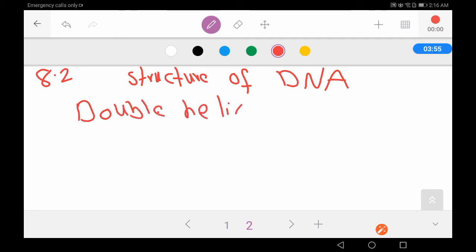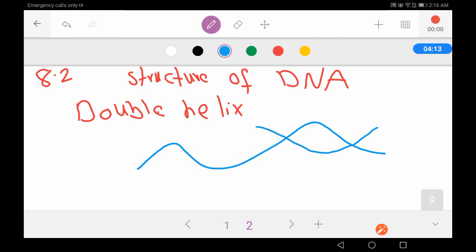It means it's made up of two strands. This is very important for us because we need all this information in the process of DNA replication. As you see, DNA is a double helix in which two strands of DNA wind around each other, like a twisted ladder, we can say.